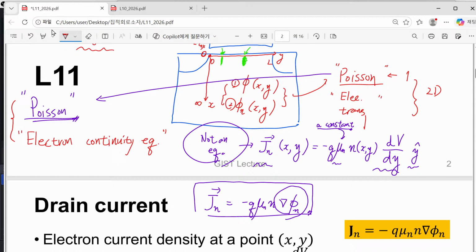Simply speaking, if you want to solve an electrostatic problem, then you have to solve the Poisson equation. And if you want to know the movement of electrons, the transport problem, then you have to consider the electron continuity equation. Then what is actually this electron continuity equation?